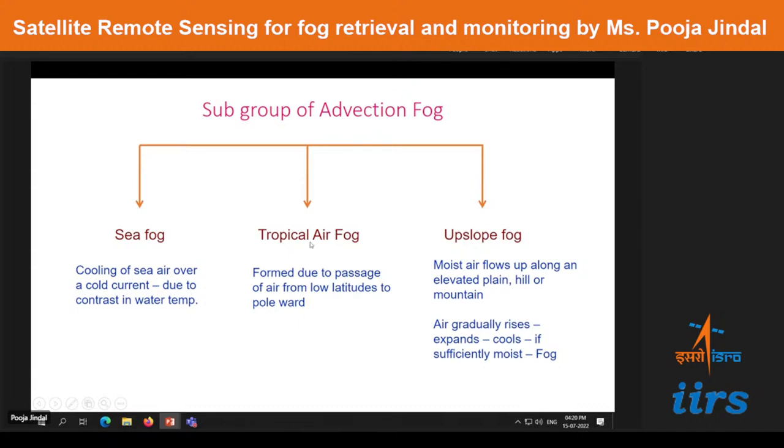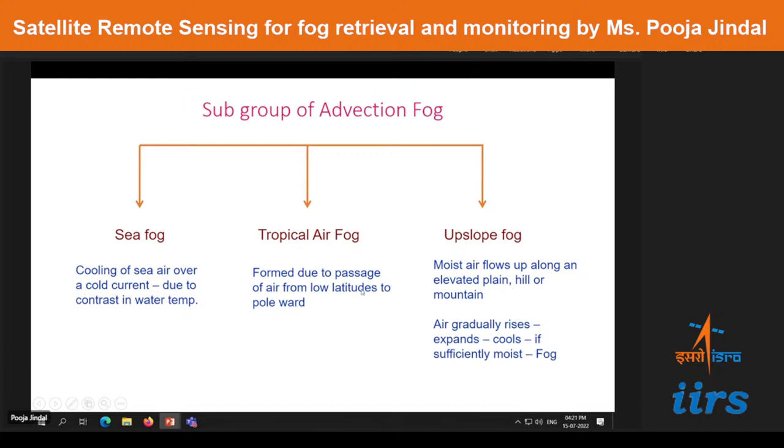Then second is the tropical air fog. In this case, there is a flow of air from the lower latitude to higher latitude region. We know that as we move from lower latitude to higher latitude region, there is a temperature reduction. Temperature decreases.